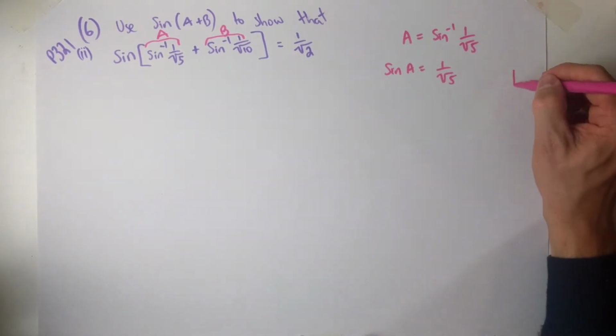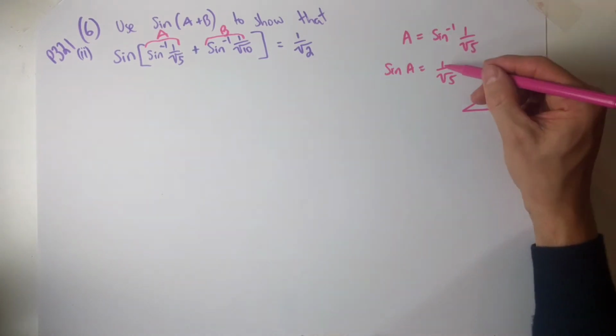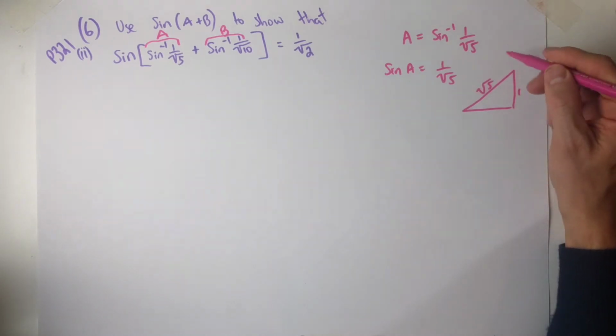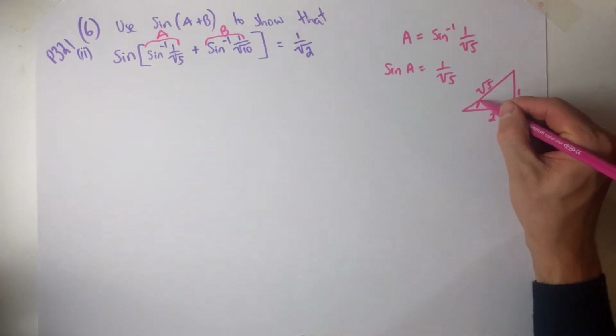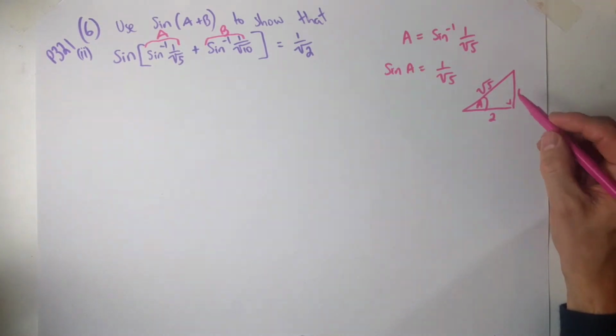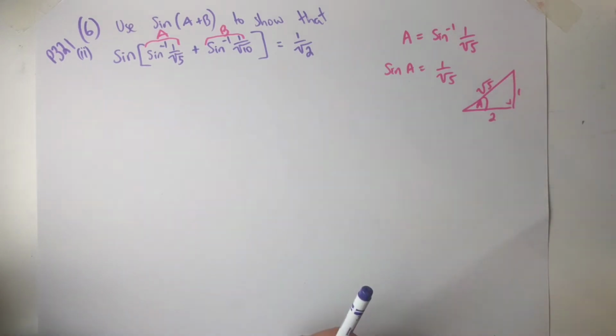By constructing a right angle triangle we can work out that our opposite is 1 and our hypotenuse is the square root of 5, which means our adjacent side has to be 2 using Pythagoras' theorem. 2 squared is 4 and 1 is 5, so the hypotenuse has to be the square root of 5.